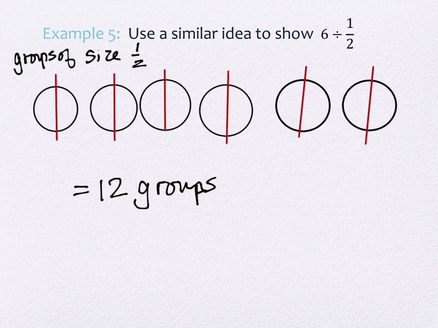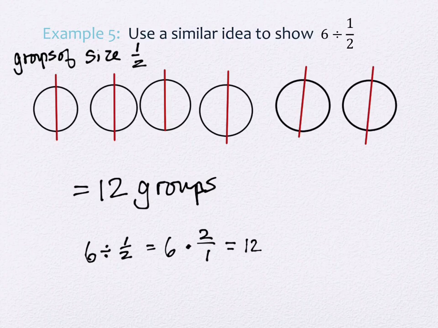And notice, if you had taken 6 divided by 1/2, and you used the property that we did before, where we turn it into multiplication by the reciprocal, what will you get? 12, just like we did from the picture.